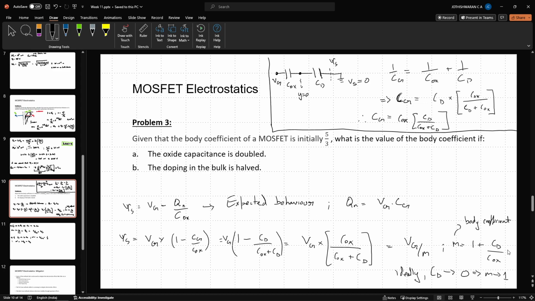So yeah, CD should be very small, because if CD is very small here, then that will imply the total gate capacitance becomes 0. Since gate capacitance becomes 0, that implies there is very little charge accumulation. All the voltage will contribute directly to inversion. There will be no charge depletion.